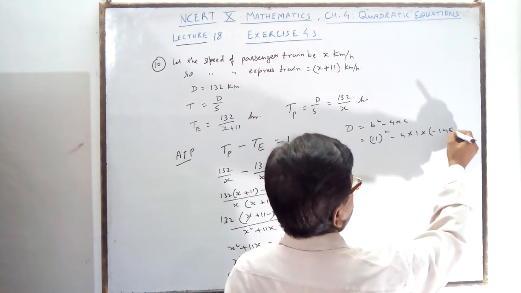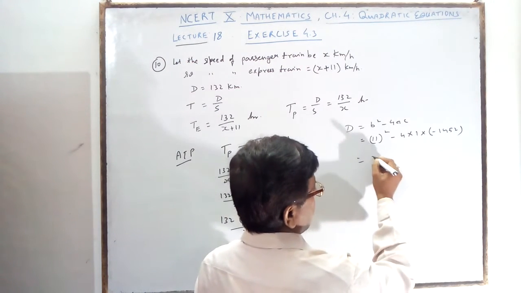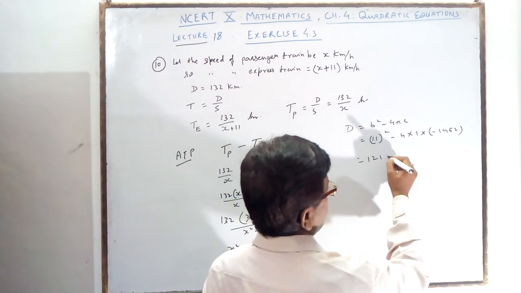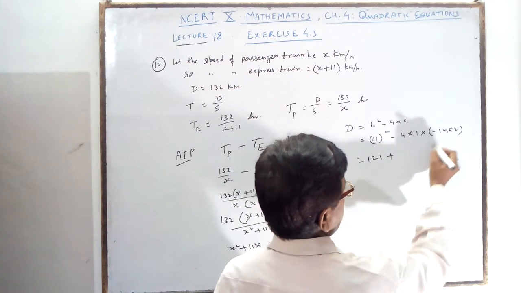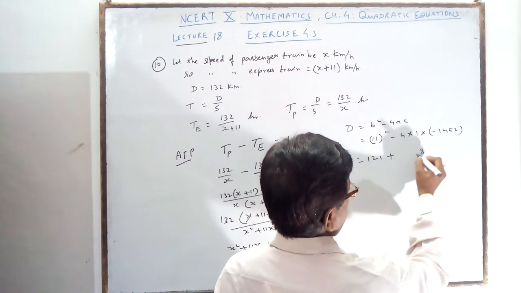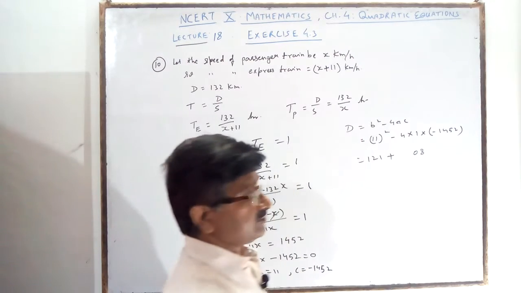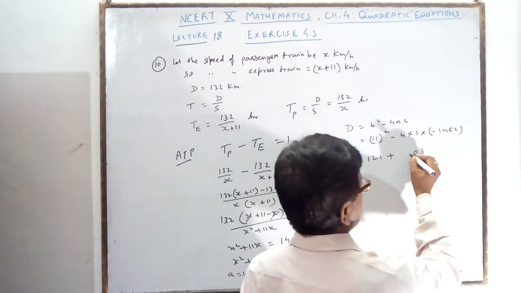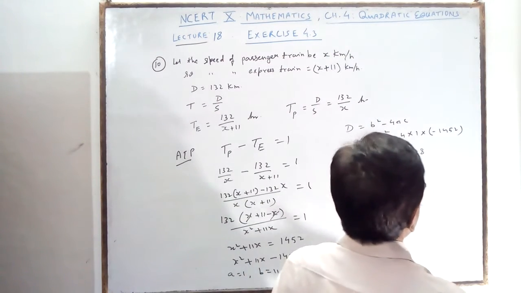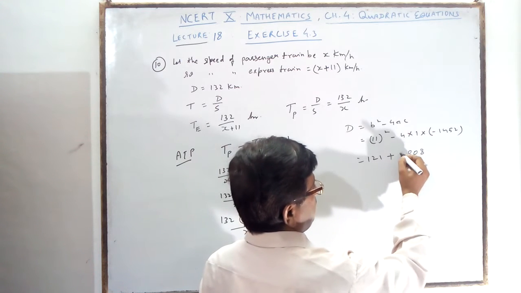minus 1452. 11 times 11 is 121, minus minus plus, 4 times 2 is 8, 4 times 5 is 20, 4 times 4 is 16 and 2, 18, 4 times 1 is 4 and 1, 5.